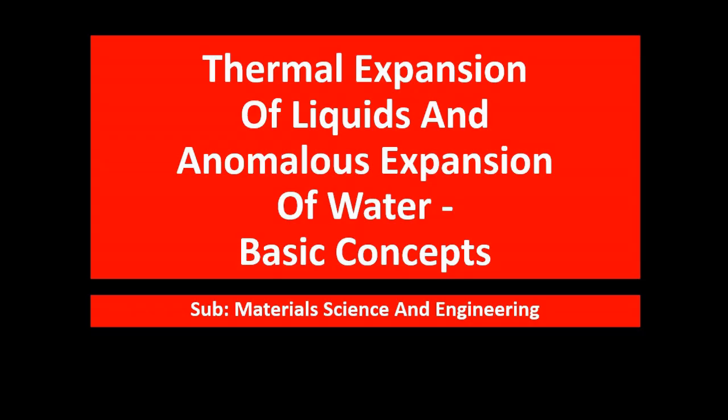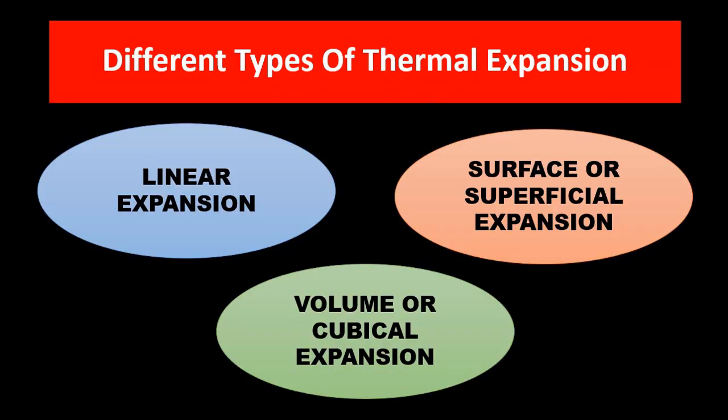Okay, so we know that there are three different types of thermal expansion. All materials expand when they are heated, and there are three possible ways in which they undergo expansion. First one is linear expansion, where expansion happens only in one direction, so we can call it one dimensional.